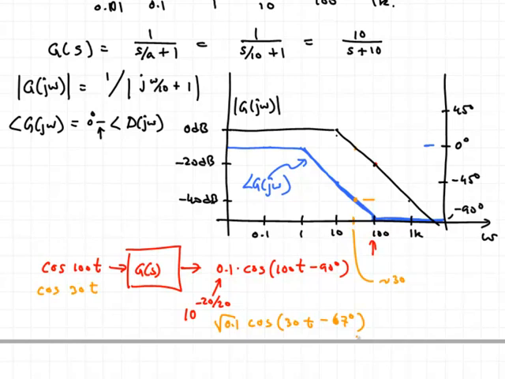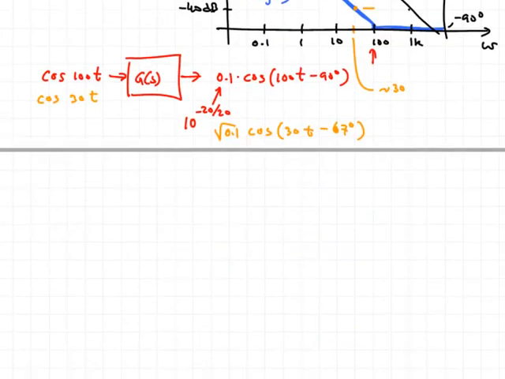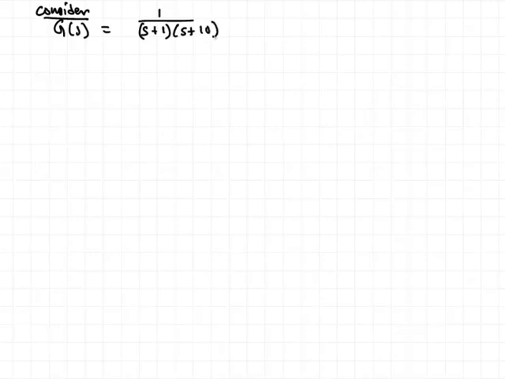Okay, now we'll do another example where we use just simple roots, and then we'll look at the second order term after that. So let's consider a little more complicated g of s. We'll have 1 over s plus 1 times s plus 10. All right. How would we do that?